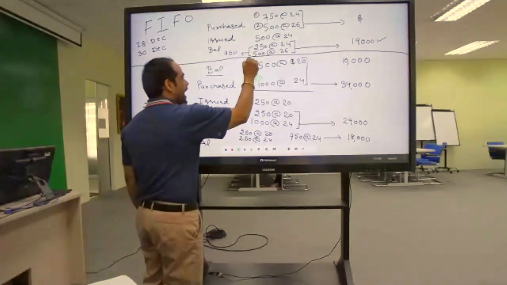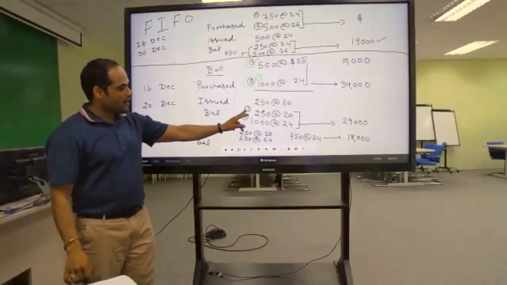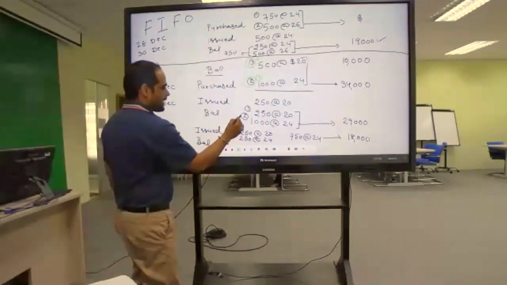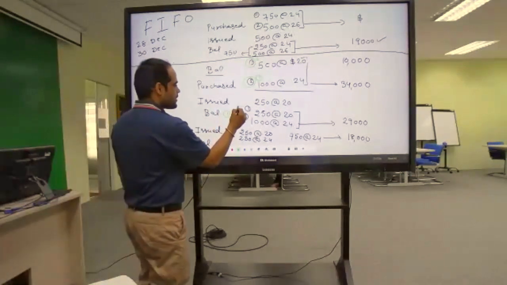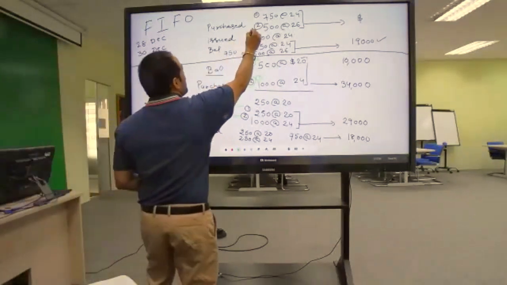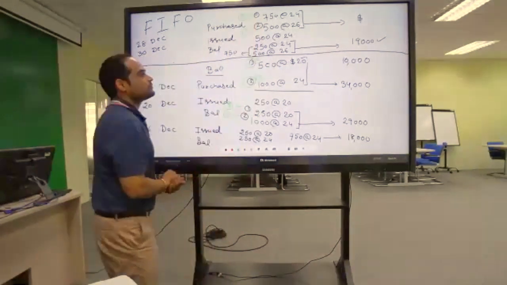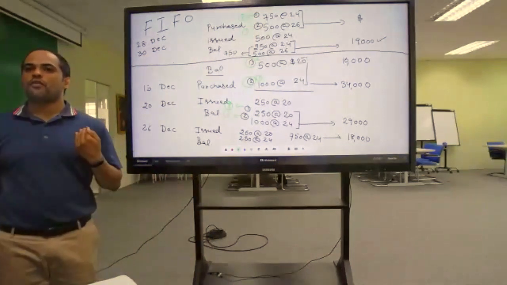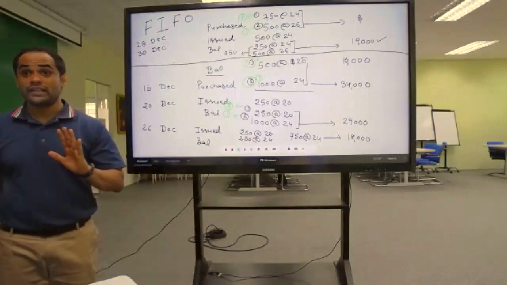And here I will write 2. All right, same thing here. According to LIFO method, I write here 1 and I will write here 2. Same thing here. I write here 1 and I write here 2. All right. This is your LIFO method. Last in, first out. That's only the difference.